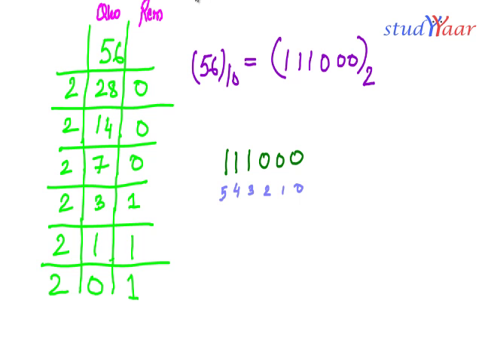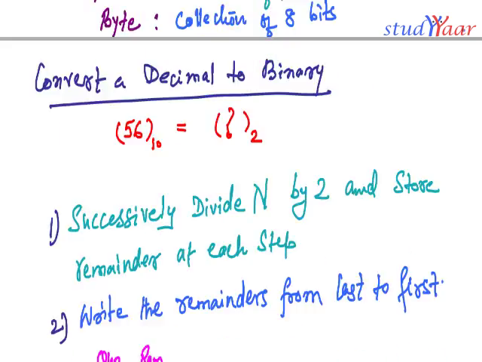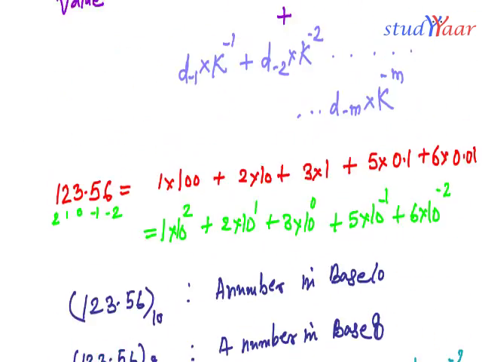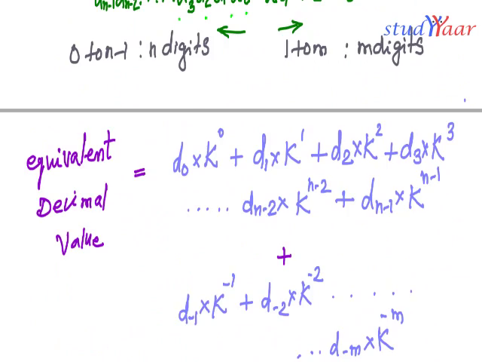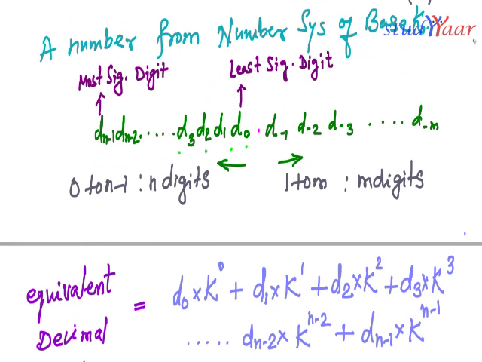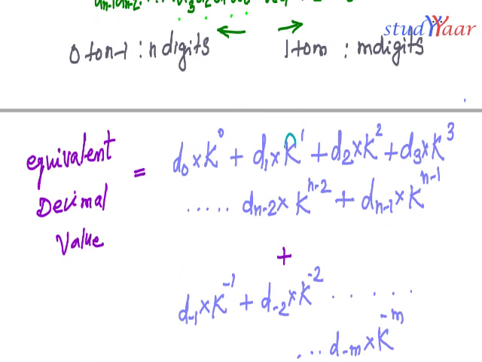So my equivalent decimal value is going to be 0 into 2 raised to 0. Just realize what I've said: equivalent decimal value for base k. In the binary number system, what is the base? Base is 2.